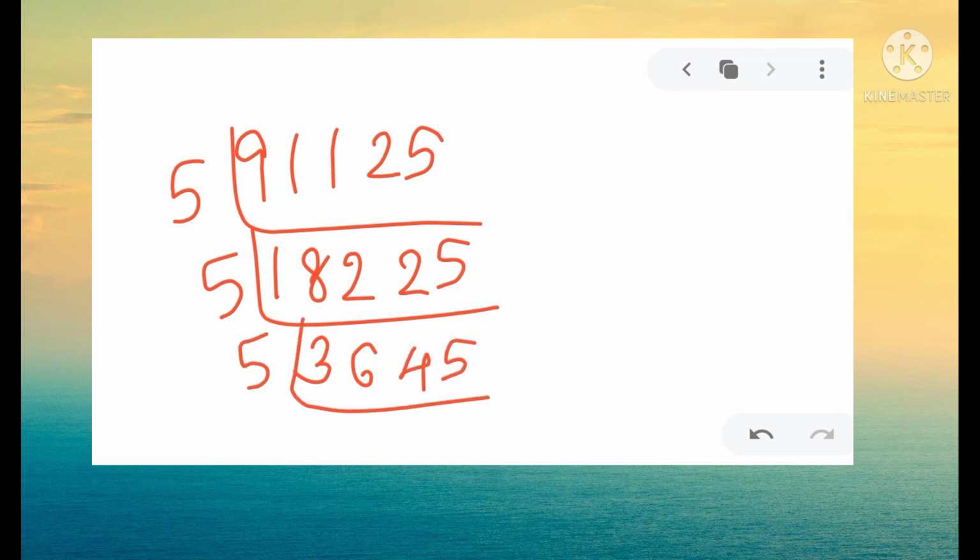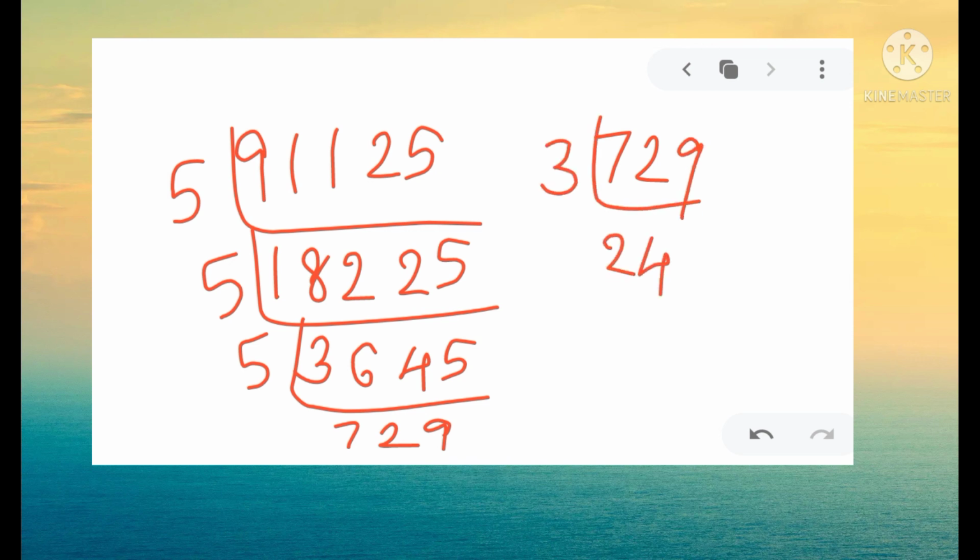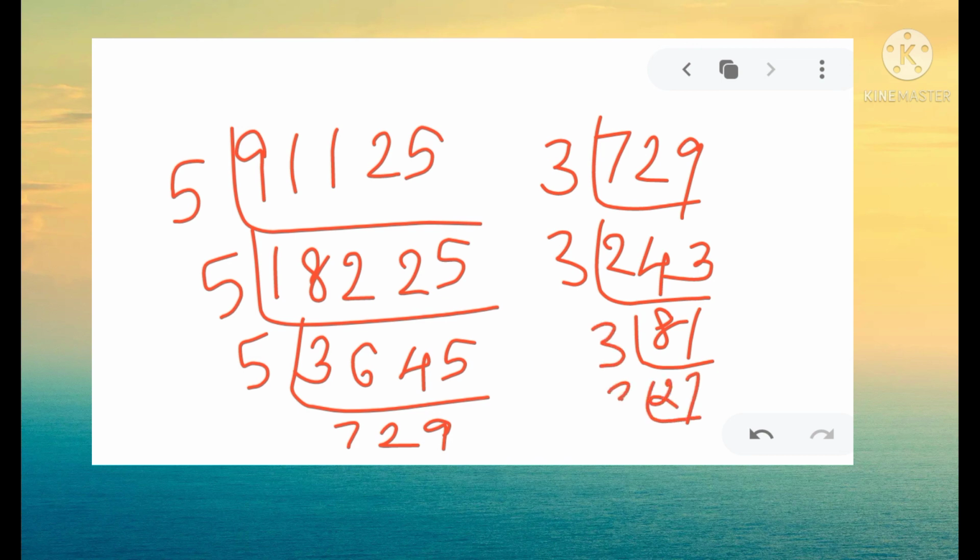Again by 5. 7, 2, 9. 729 divisible by 3. 2 3s are 6. 4, 3. Again by 3. 81 by 3. 27 by 3. 9. Then 9 by 3.